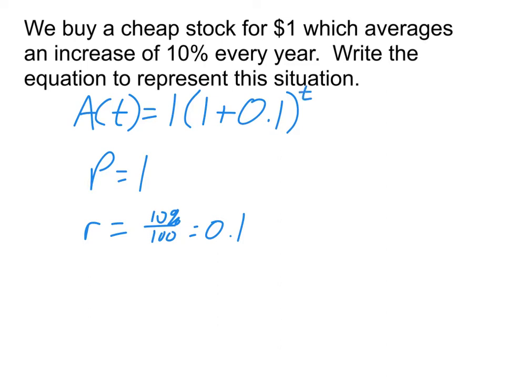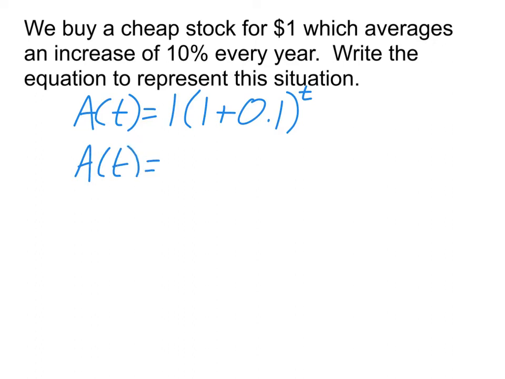Now I want to clean that up a little bit in order to move forward, because we're going to be doing a decent number of calculations with this same equation. So how can I simplify it? Well, the A of t is still going to be A of t over here, right? What's 1 plus 0.1? 1.1. So it's going to be 1 times 1.1 to the t.